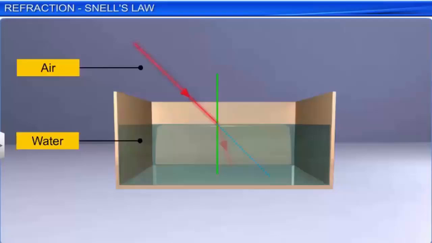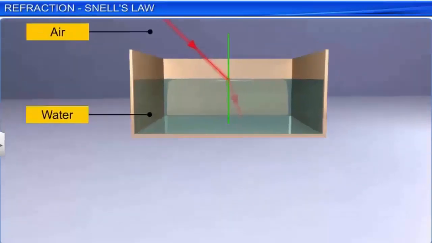The extent of refraction can be found if we know an optical property of the medium called refractive index. Refractive index or absolute refractive index n of a medium is defined as the ratio of the speed of light in a vacuum to its speed in the medium.